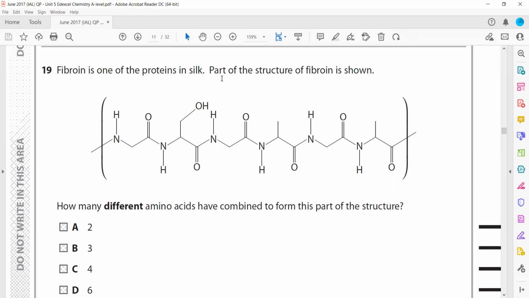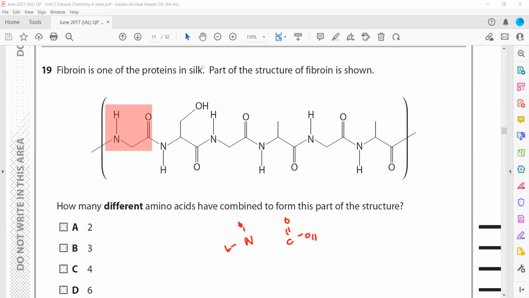Amino acids are basically what they contain: one side they contain an amine group, and the other side they contain an acid, C double bonded with OH. So we have to find, like this is one type, because how I identify it is here, this is an NH group and then C double bonded with O and OH will be there, but that OH is actually removed. That's why we don't see this.